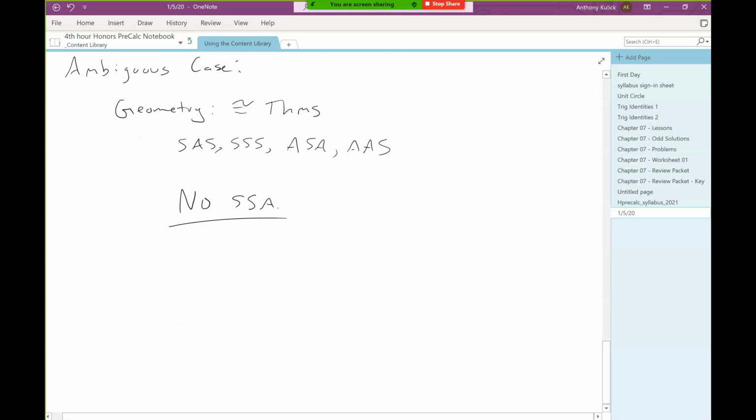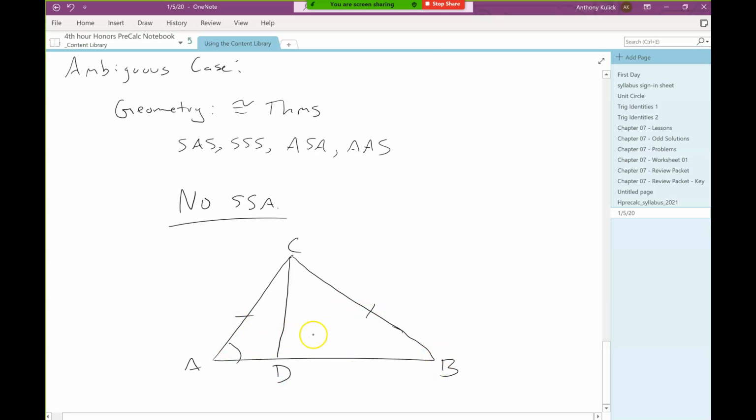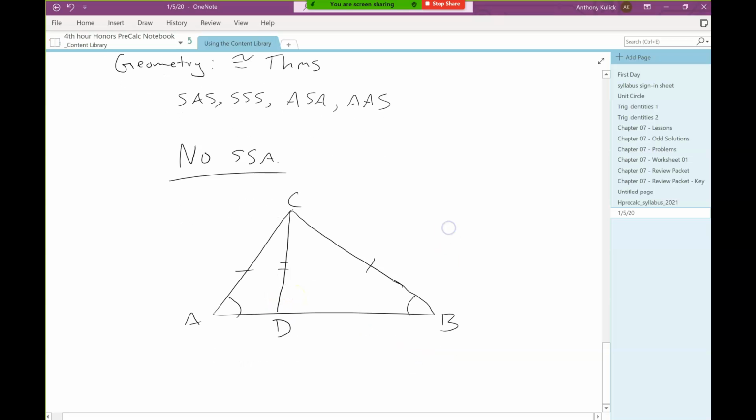So, for example, let's say that we have a triangle that looks like this. So notice that for triangle ACD, we have SSA.